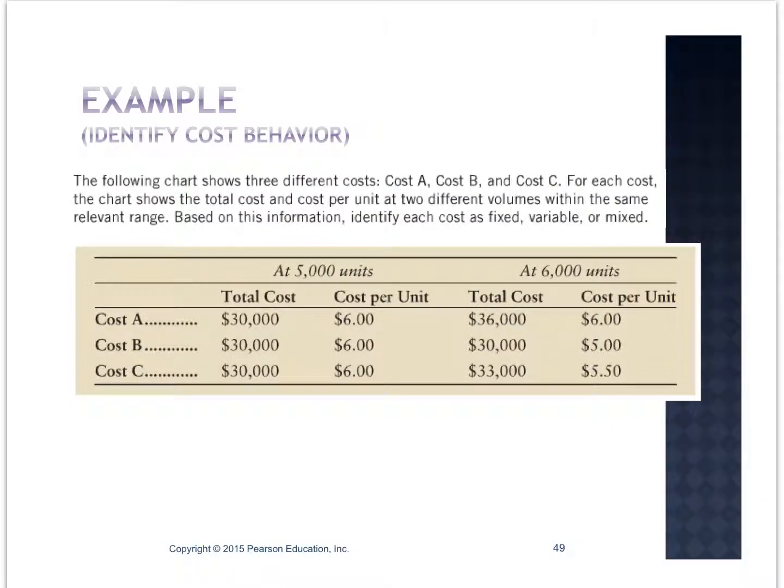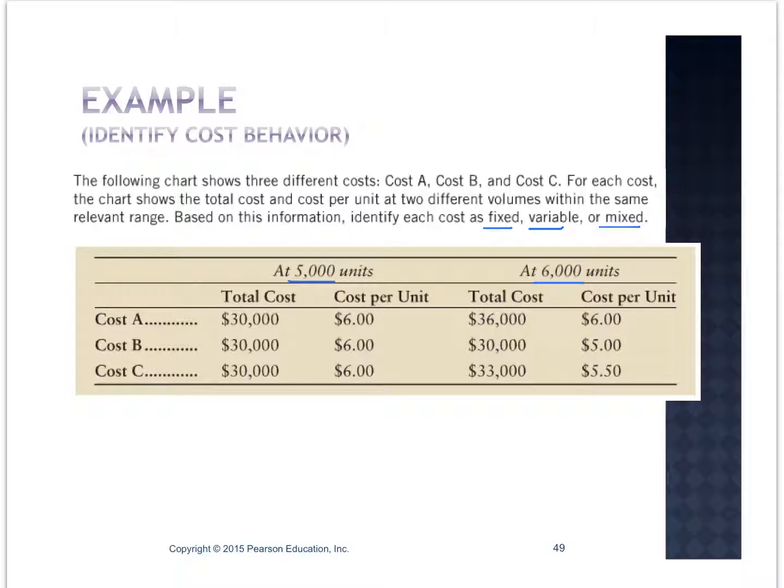Let's take a look at an example. Based on costs at activity levels of 5,000 units and 6,000 units, we want to determine whether cost A, B, or C is either fixed, variable, or mixed.